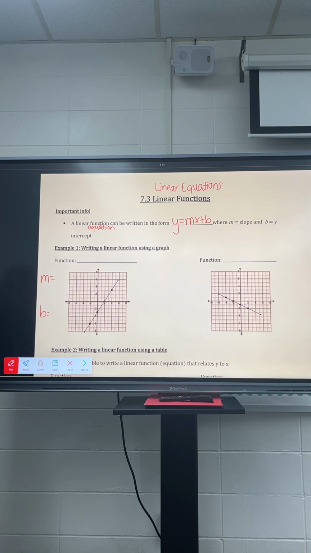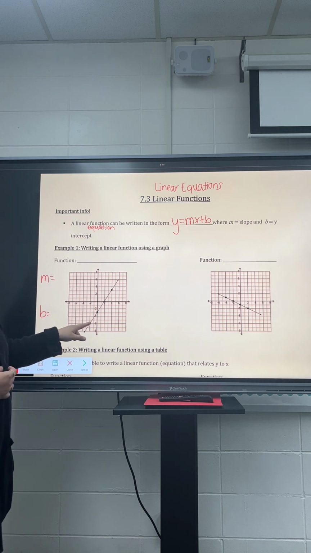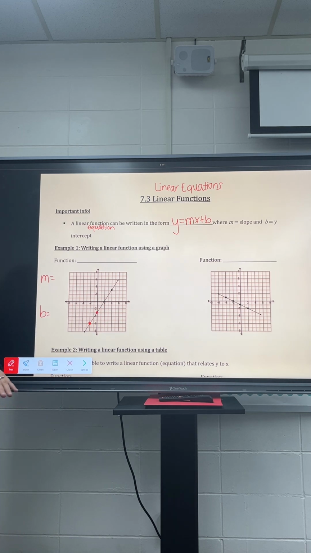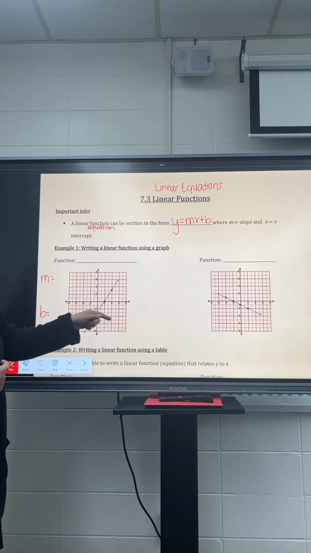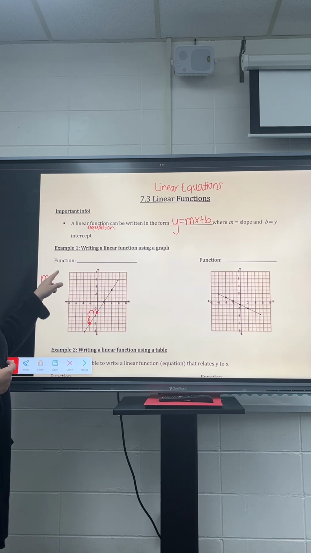Doesn't matter which 2 points you choose, okay? I'm just gonna choose these 2 right here. Your lines might look a little weird on your graph, I'm not sure, but just make sure that you're counting correctly. So my rise is 1, 2, 3, and my run is 1, 2. So that slope is 3 over 2.